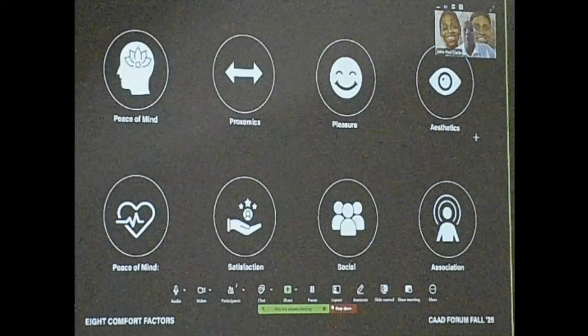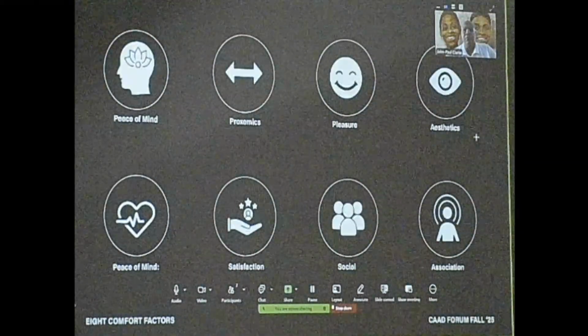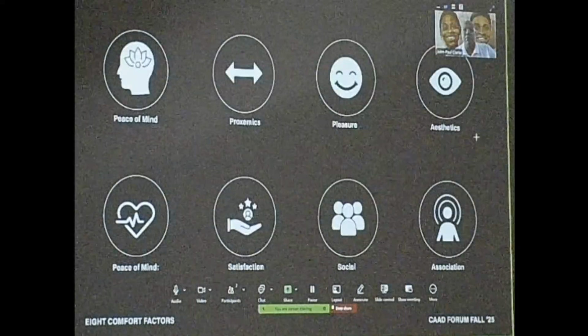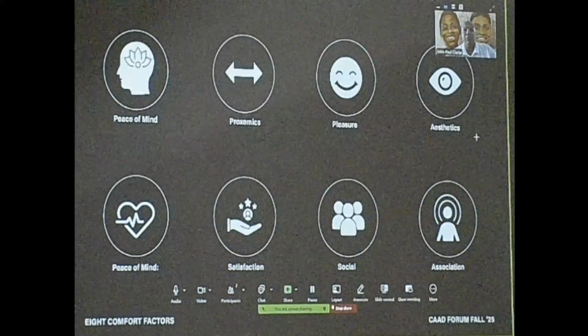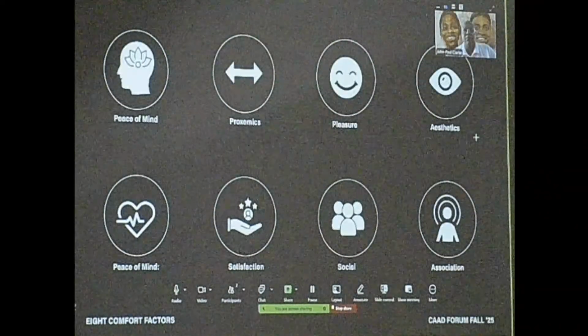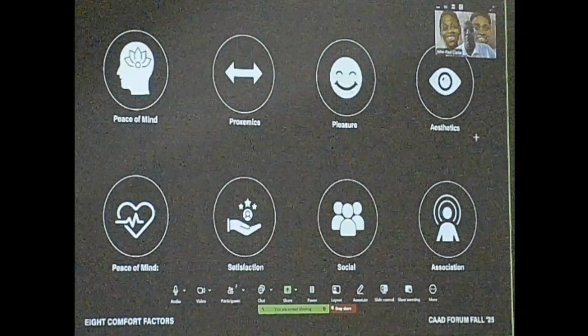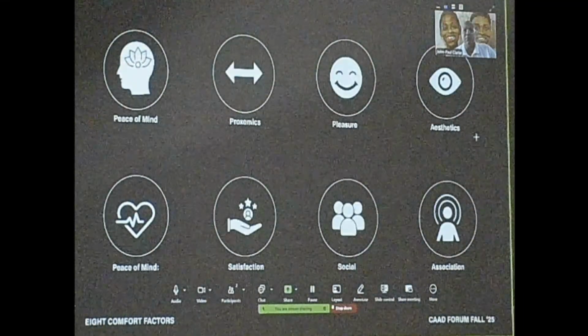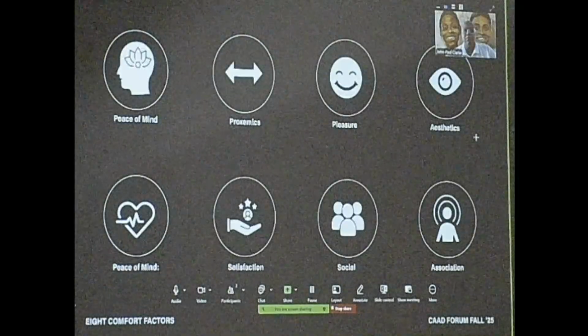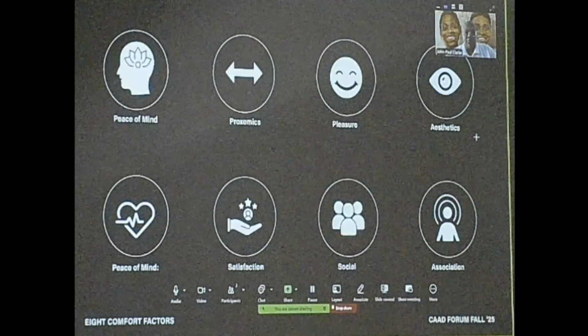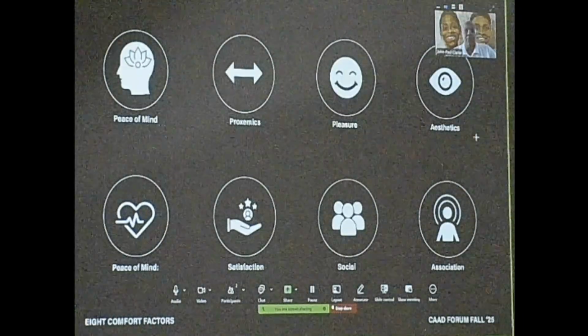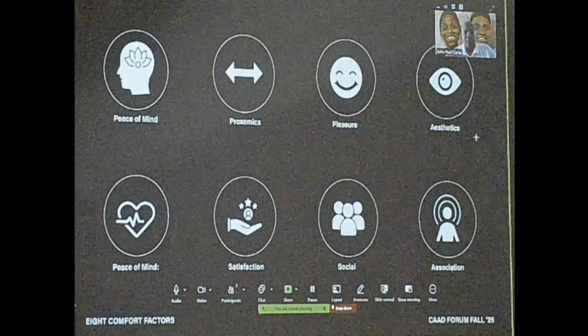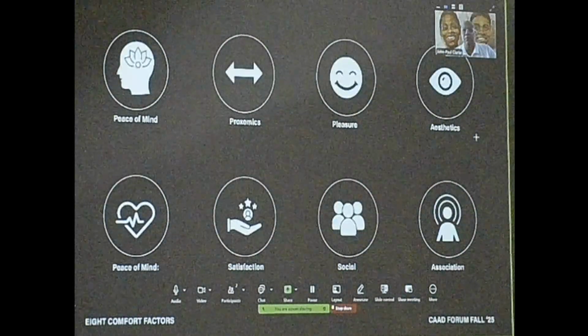And a few in particular, or at least using their language, would be peace of mind, physical well-being, and proxemics. So thinking about privacy, the perception of someone's personal space, how do we support the body, avoid fatigue and pain, and create a sense of security and ease within their air travel experience.